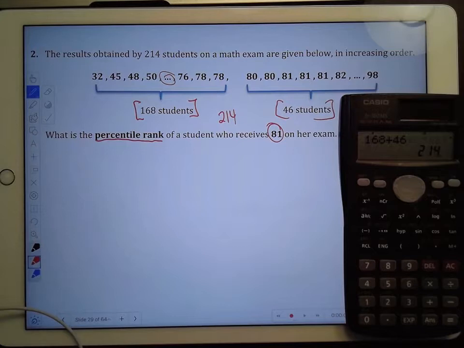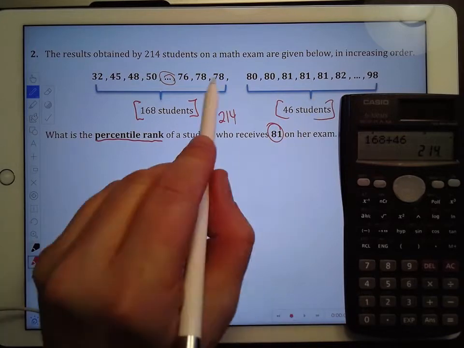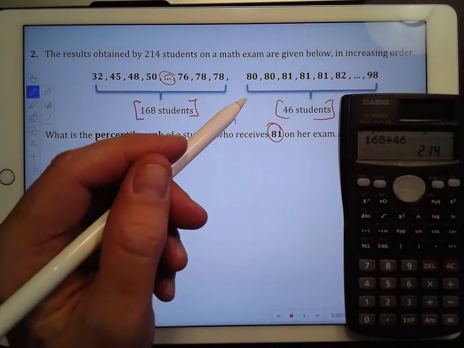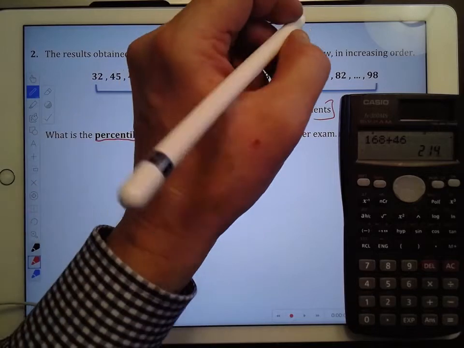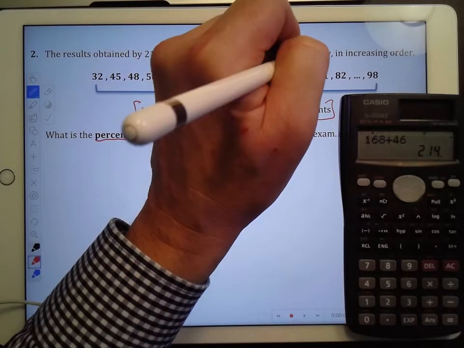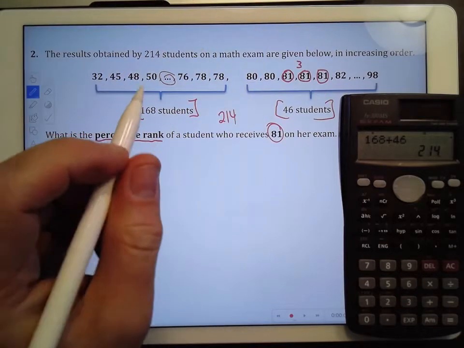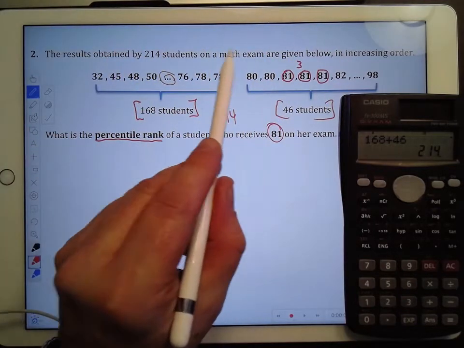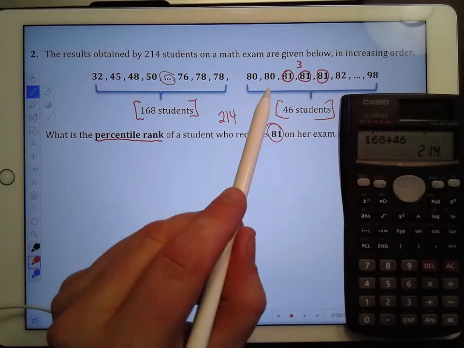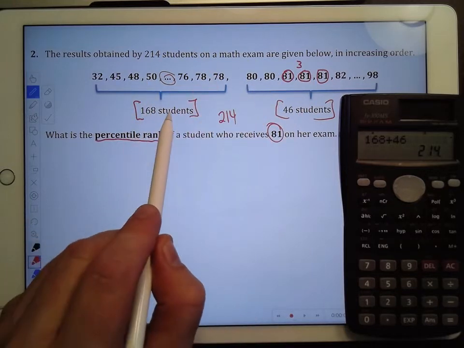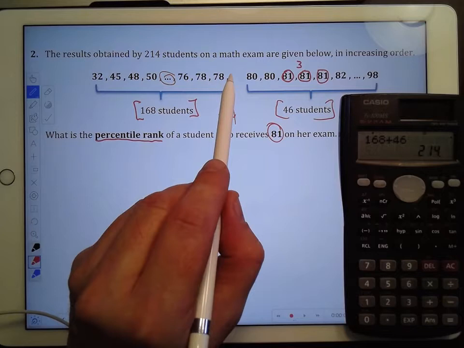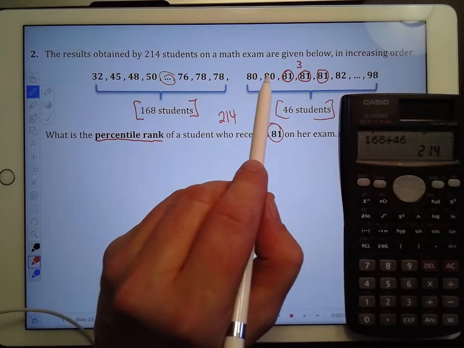We're going to be using that number in the formula, but just to show you the different ways in which they can represent that data. You can see our target one. It's right over here, number 81. We got 3 of those. And then we just have to think about how many are less than that 81, and the way to do that is pretty easy. We know there's 168 of them over here, plus these 2 guys over here.